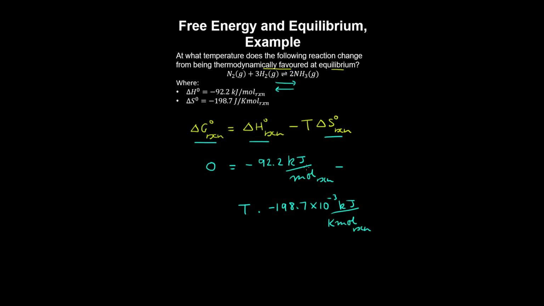And now if we solve this equation for T, you're going to get cancellations between the kilojoules and moles of reaction. So if we calculate this out, we get a temperature of 464 Kelvin using 3 significant figures.